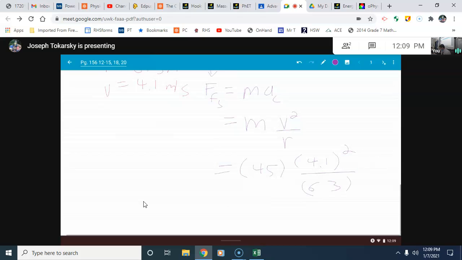Run those numbers carefully and we should be getting close to 120 newtons, it looks like. Like 120.1 newtons. Any questions so far? 2 more down on the bottom.